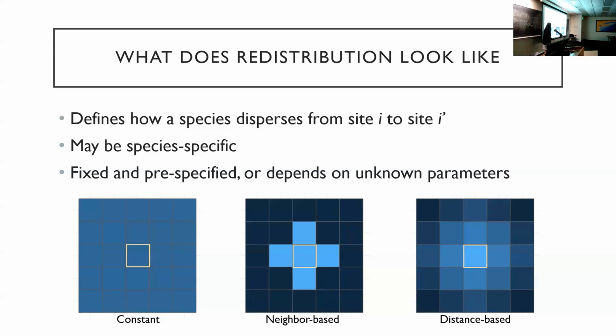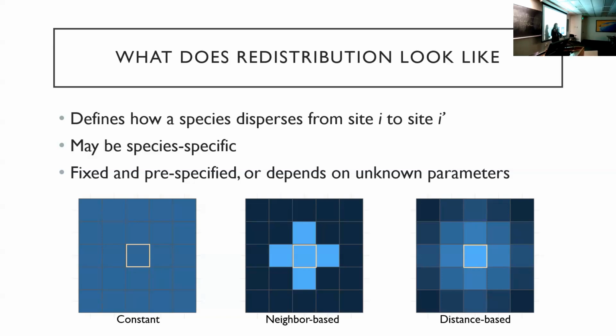So if this is our map and we start in the center square, maybe it's realistic to believe that within a given time there's an equal chance of moving from this square to any other square in this region. You could probably think of a species or a system where that makes sense, but most likely there's going to be some notion of distance involved in redistribution. Most likely species are more likely to redistribute or disperse to areas closer to them than further away, right? And so that's the idea here.